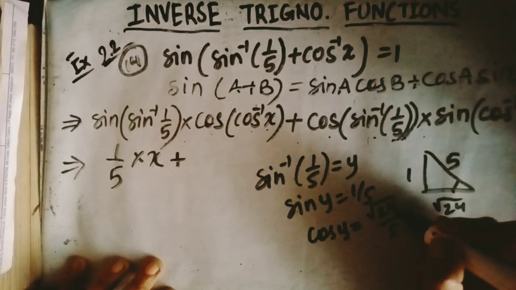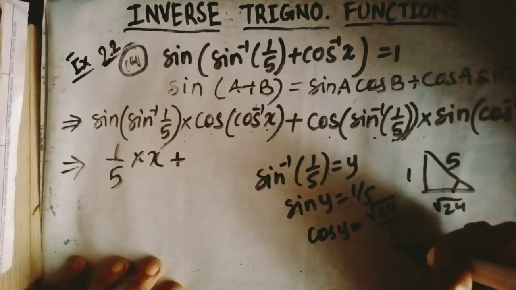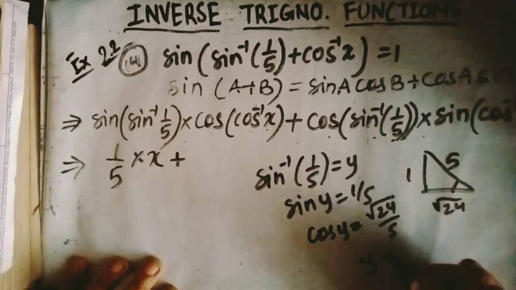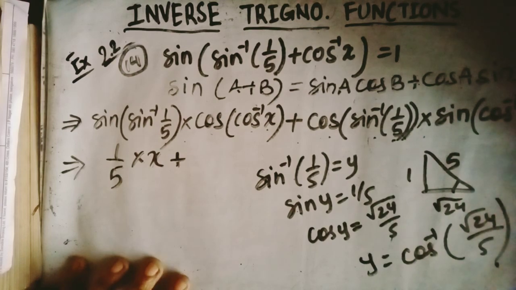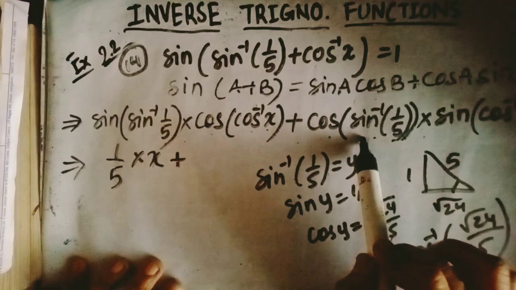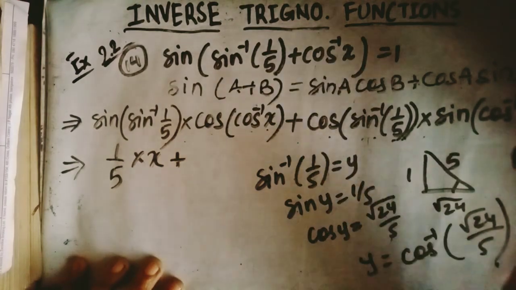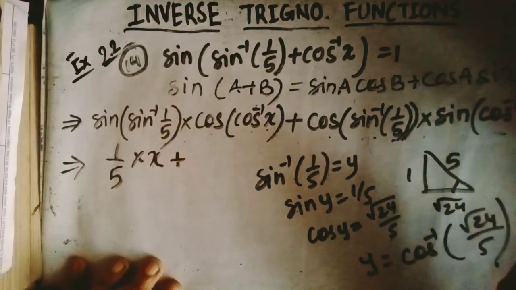Okay. So cos of sine inverse of 1 by 5 is root 24 upon 5. That we can substitute here.